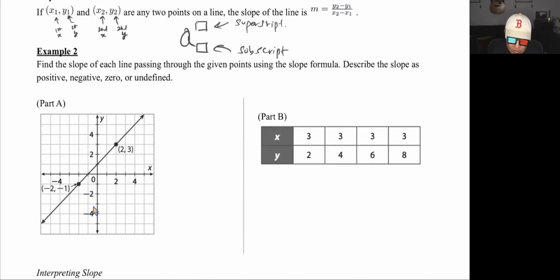So it's asking you to find the slope of each line passing through given points using the slope formula. Describe the slope as positive, negative, or 0. Positive is something that goes from left to right, up. Negative is left to right going down. 0 is horizontal.